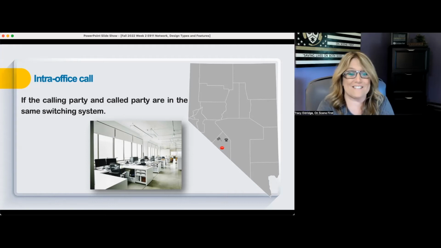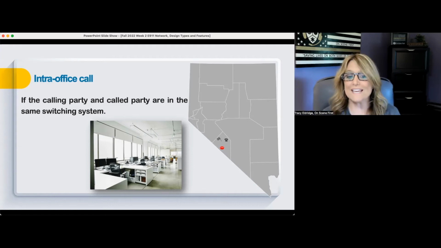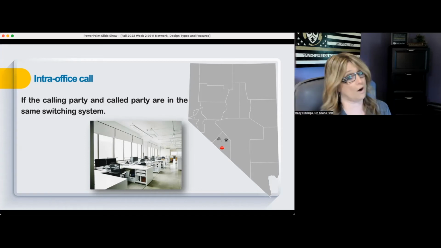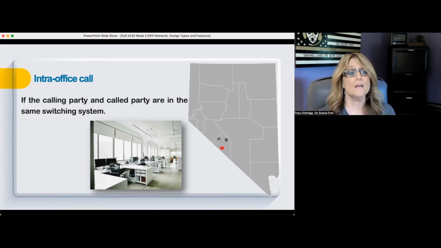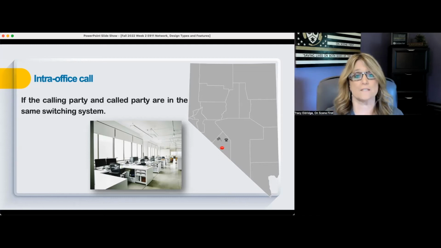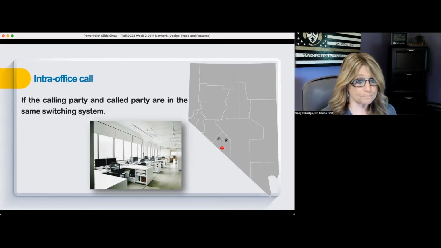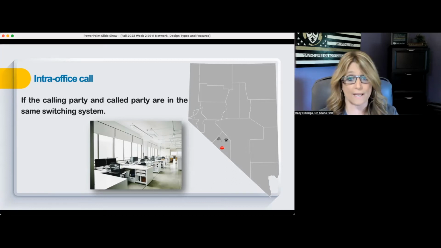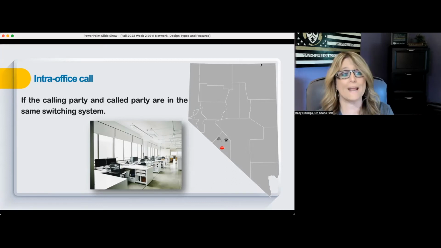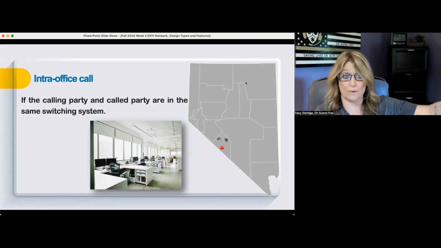I heard three times that it works. Whenever we say intra, they are inside our group. They're not outside. We'll talk about the outside folks in a minute that are not in our cool kids club. Intra-office is if the calling party and the called party are in the same switching system, which means they're really, really close, like they're almost sitting at the desk next to you.